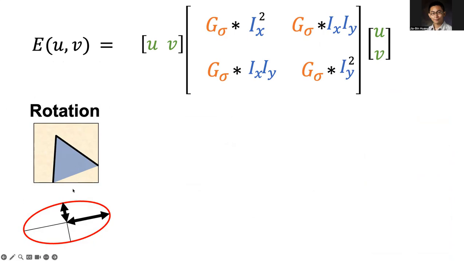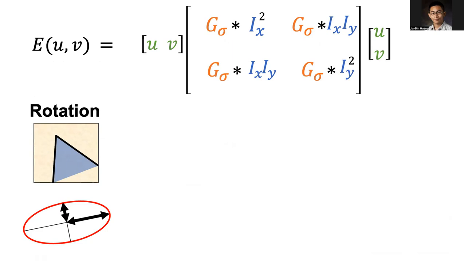So I am taking this, there's a corner, there's a local patch here. And what if the image gets rotated?